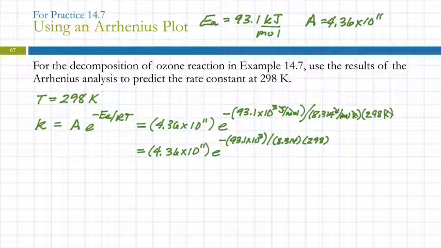I'm using the TI-36X Pro, so I'm going to put in 4.36 EE 11 times, and then I'm going to press the e to the x button, and that gives me a parenthesis. Then I'm going to press minus 93.1 EE 3 divided by 8.314, also divided by 298, close the parentheses and press equals.